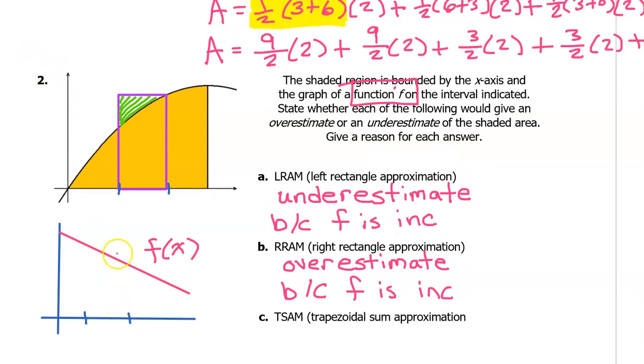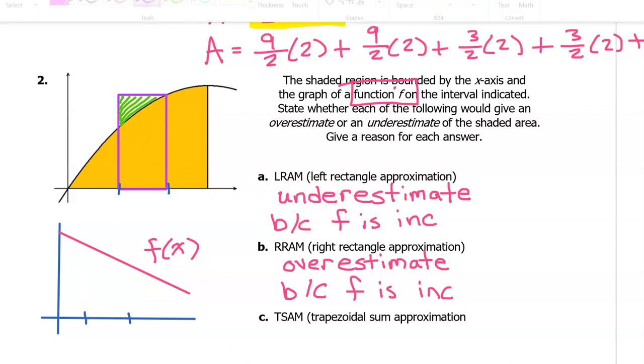Just for comparison, let's look at what would happen if we had a decreasing function like this one. If we did the left rectangle approximation, all right, here's the left side of my rectangle touching the function. Notice that now we're getting an overestimate. So it's just the opposite.